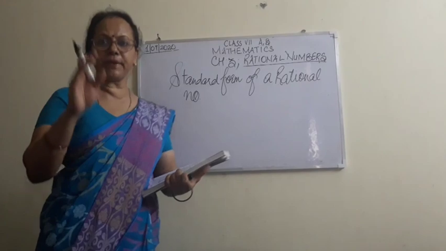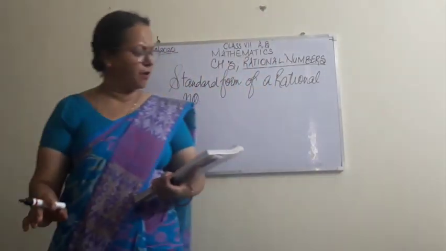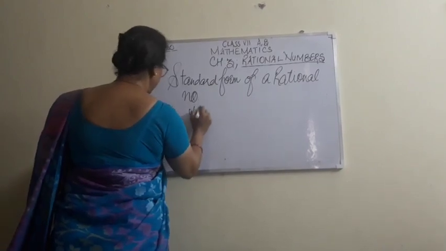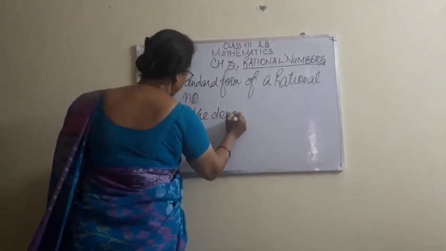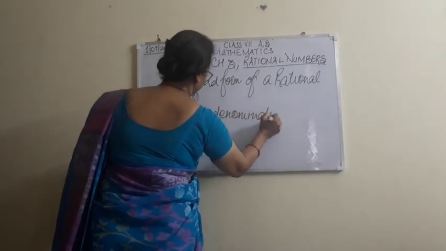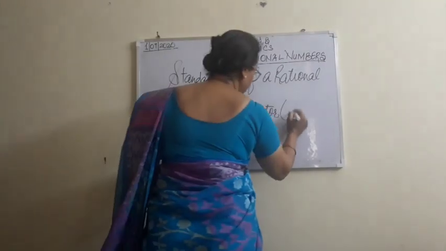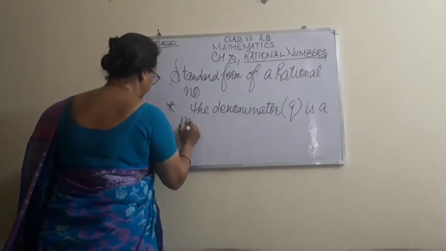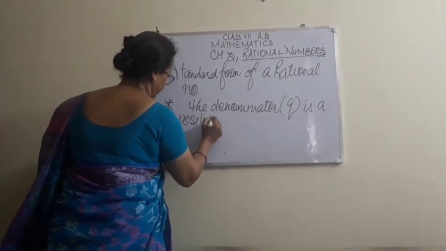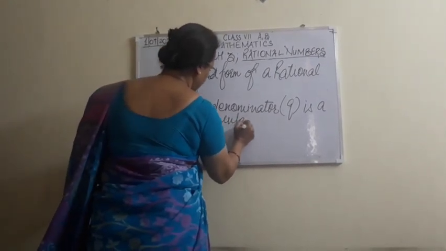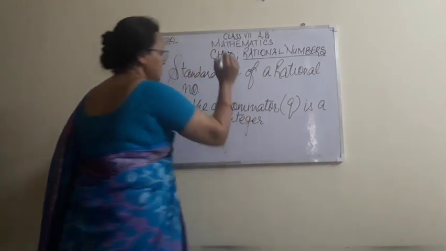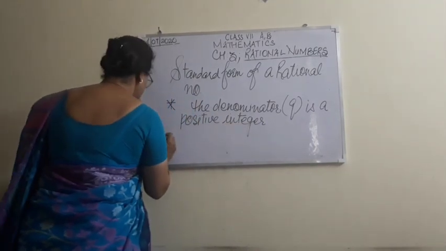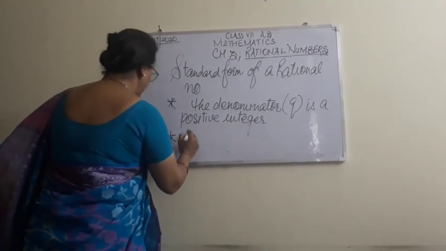A rational number P upon Q is in standard form if, number 1, the denominator Q is a positive integer. Second point, P and Q are co-prime.